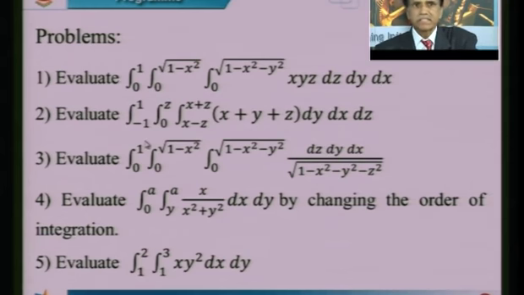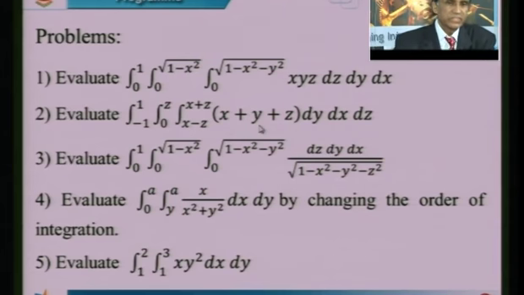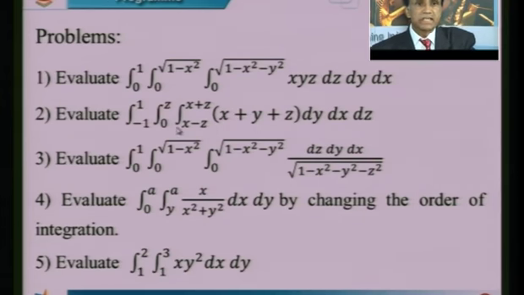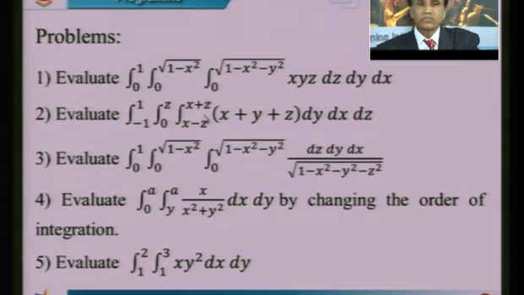Okay. In the next example it is given minus 1 to plus 1, 0 to z and x minus z and x plus z. So here some interesting observation is there, that is x plus y plus z dy dx and dz. In this case the innermost integration carries the limits x plus z and x minus z, which means x and z will act as variables in this innermost integration.